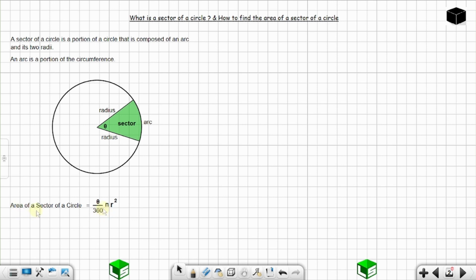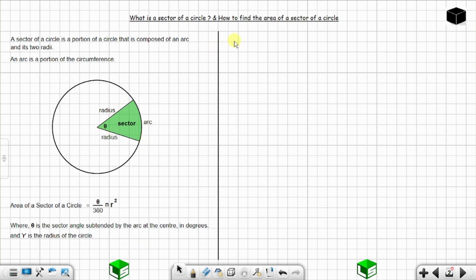The area of a sector of a circle is equal to theta over 360 times pi times r squared, where theta is the sector angle subtended by the arc at the center in degrees, and r is the radius of the circle. Now let's see some examples on how to find the area of a sector.